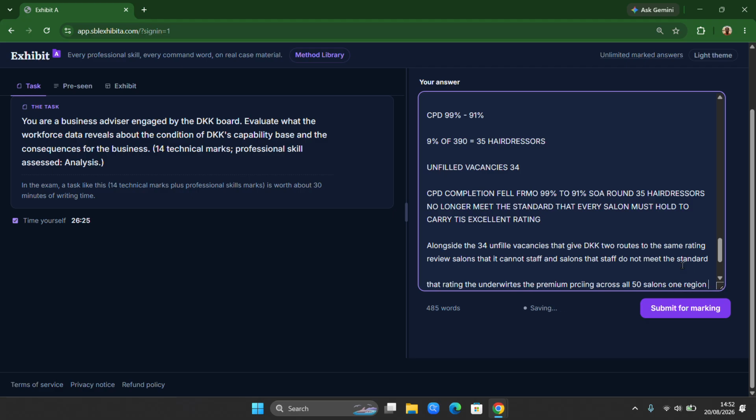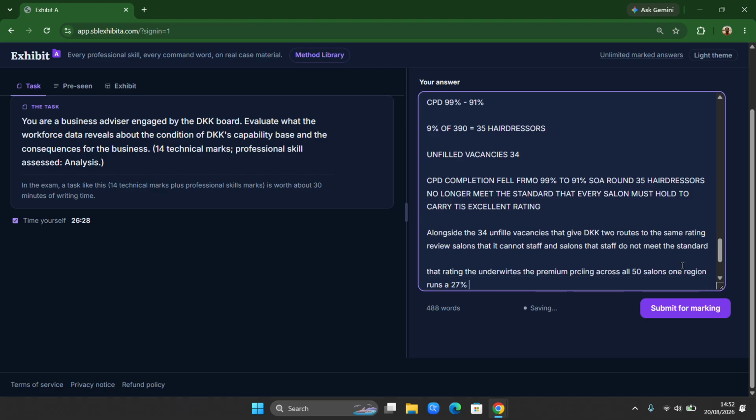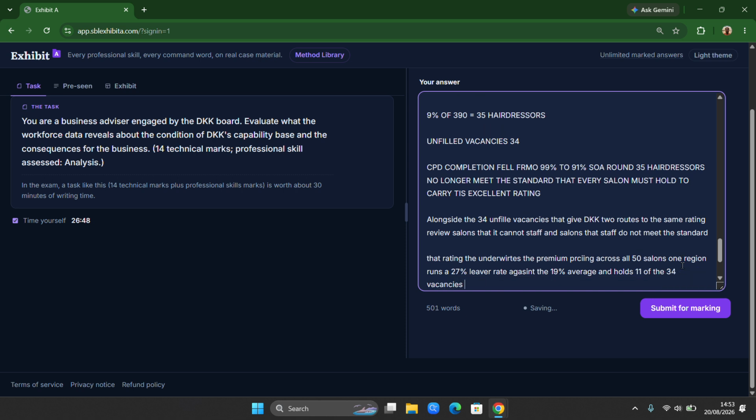One region runs a 27% leaver rate against the 19% average and holds 11 of the 34 vacancies, which is a third of the shortage in a fifth of the estate.